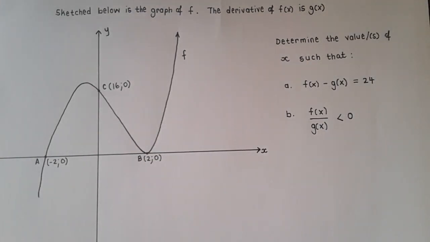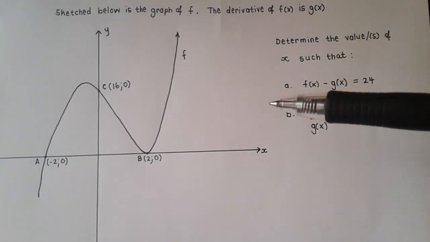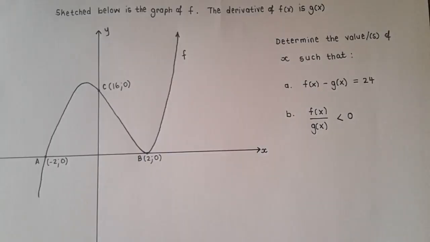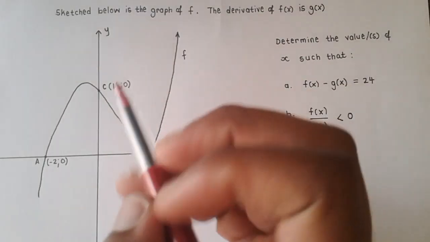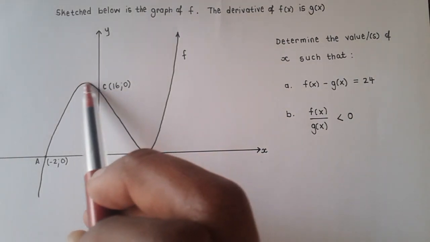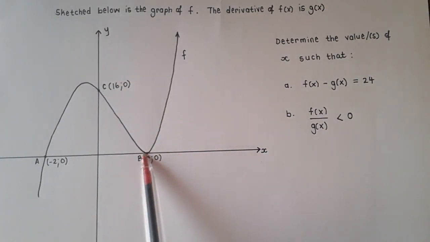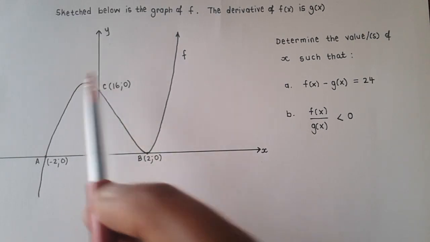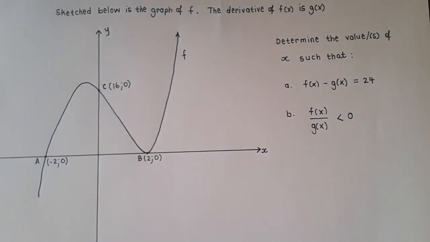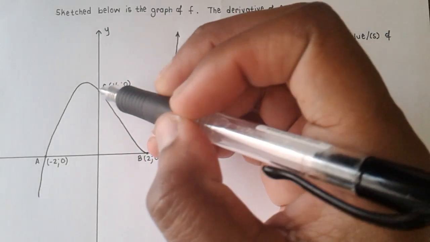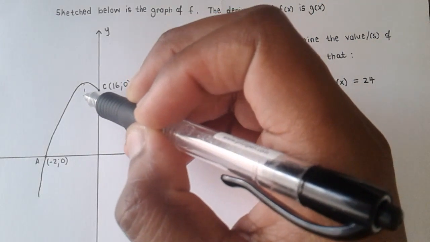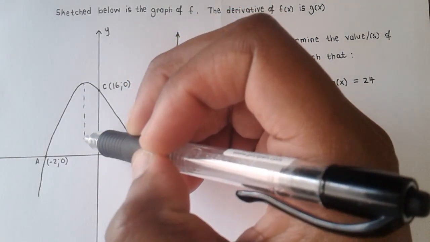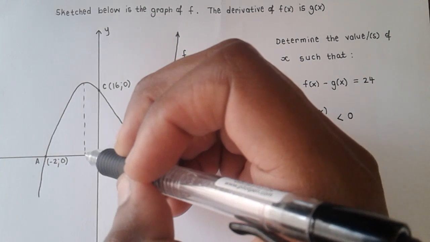Going from calculus, we know that at the stationary points, where the gradients are equal to 0, those two points are where we will have x-intercepts for our derivative function.